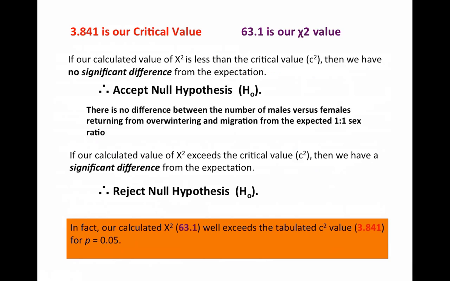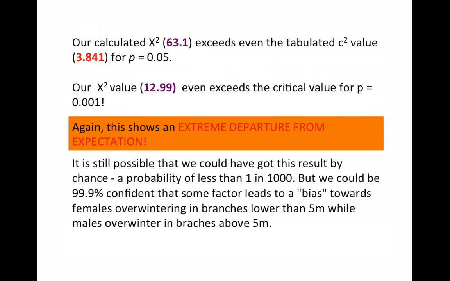Again, we had 1 degree of freedom, and we rejected the null hypothesis. In this case, the data suggests strongly that we reject the null hypothesis and that there is a significant difference between the two roost sites. Females tend to prefer the lower branches, males tend to prefer the upper branches. Great.